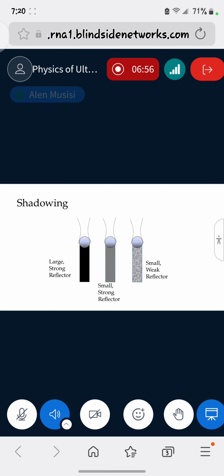You can't see those stones because they must produce these shadows for you to see them properly. If, for example, they were not in position to produce shadows, then you would not even see them. They will blend in with the fluid in these bladders, and you don't see them. But because of their acoustic impedances, they are being highly attenuating, they are being highly reflecting, they will cast a shadow that will show that something is blocking the beam, and that could be a stone there.